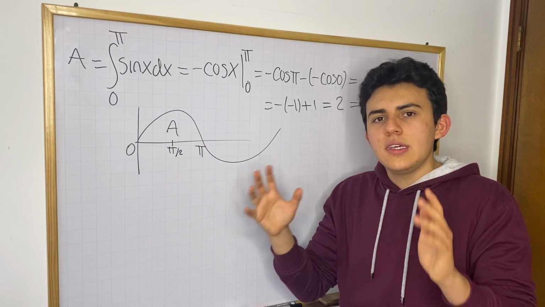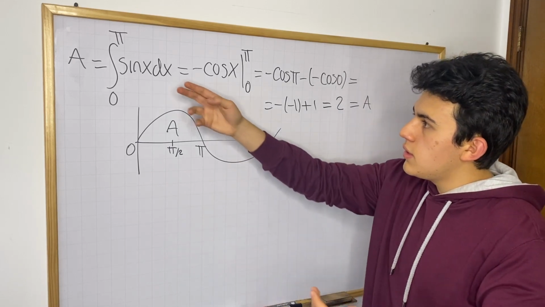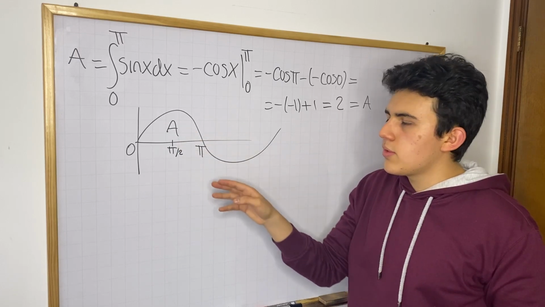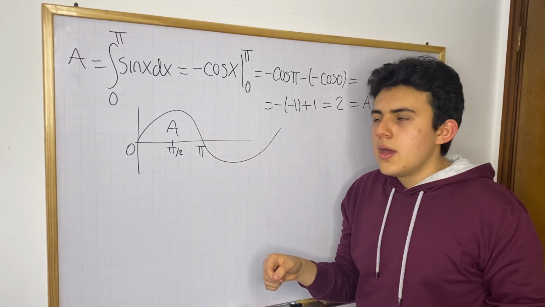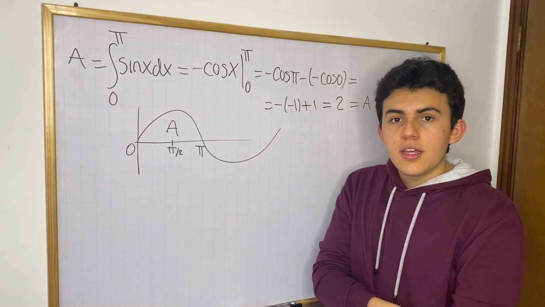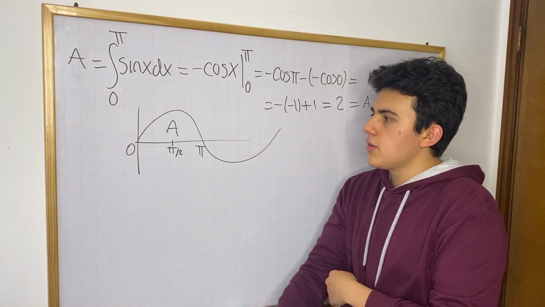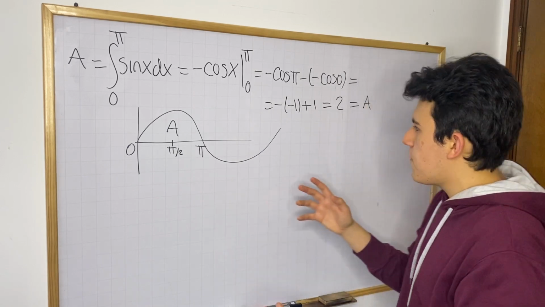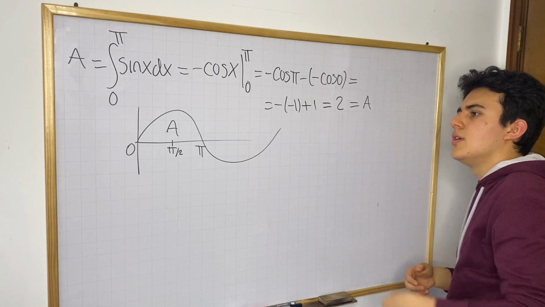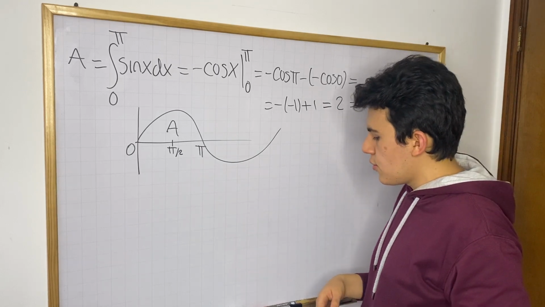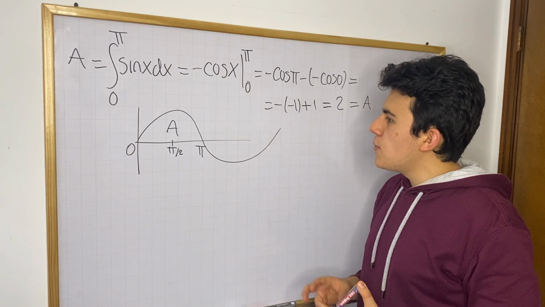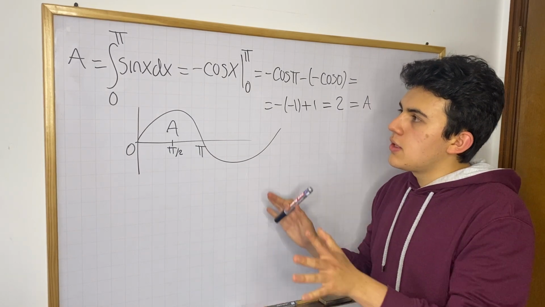Usually you don't really deal with integers when you deal with sine and cosine, except at their maximums, minimums and roots. So I thought that the area under one hump of sine was going to be some weird decimal or weird fraction, but it turns out to be a very cool integer too. I think that was a surprise for me, and I think it's interesting. So I think that's been the entire video.